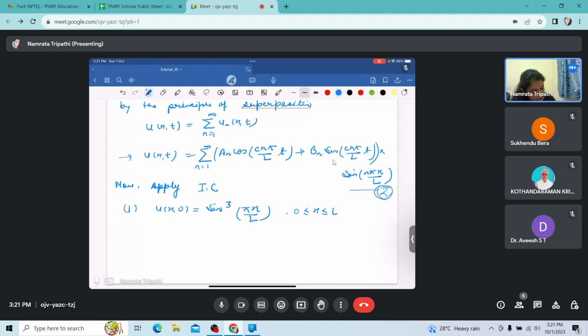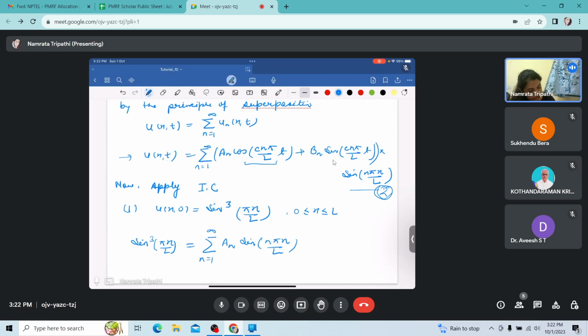When you put t equals 0, what will we get? Here u(x,0) is sin³(πx/L), and in the right hand side at t equals 0, this term will give 1 and this will become 0. So from the right hand side, multiply with sin(nπx/L). Fine.